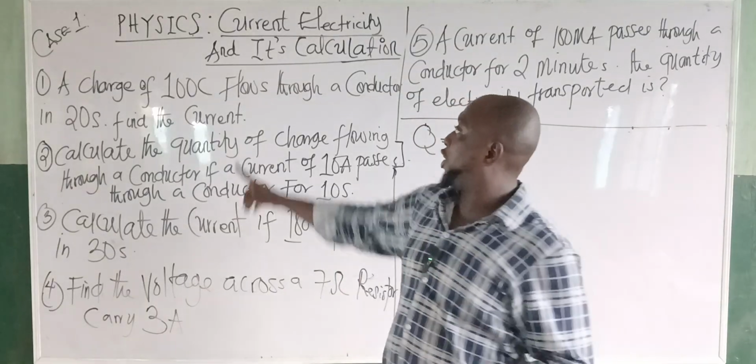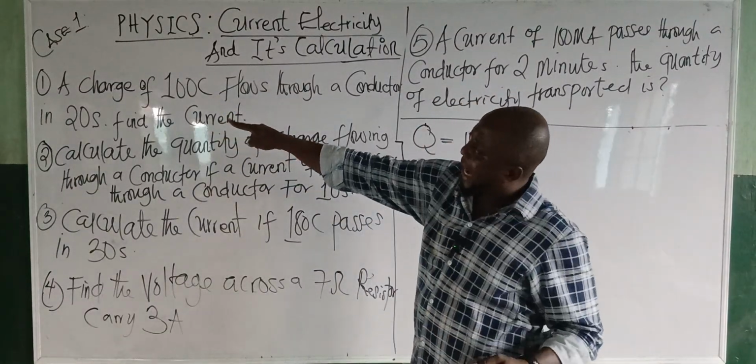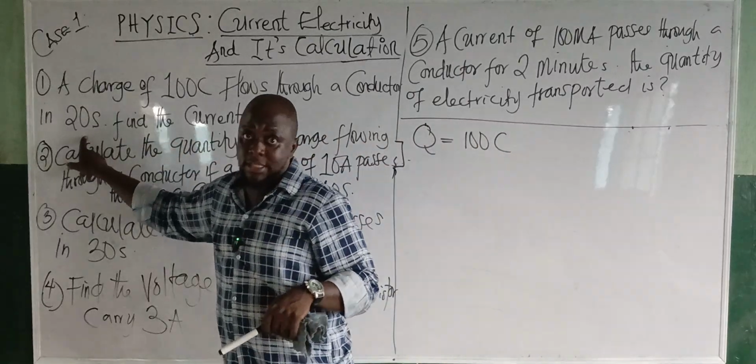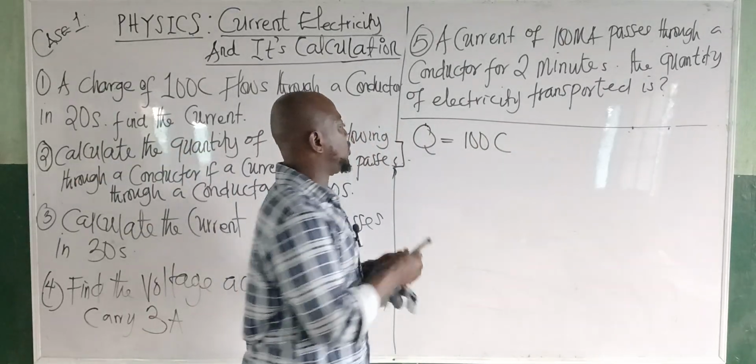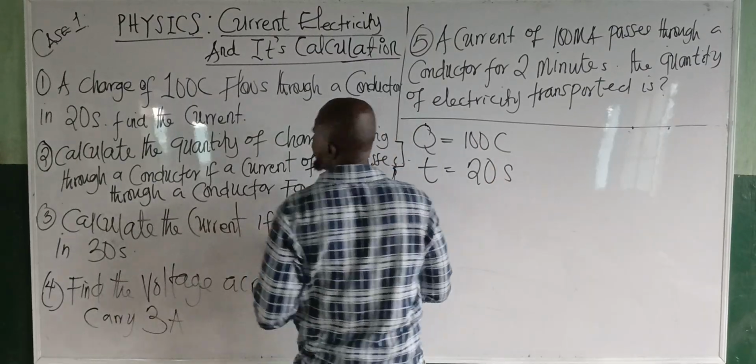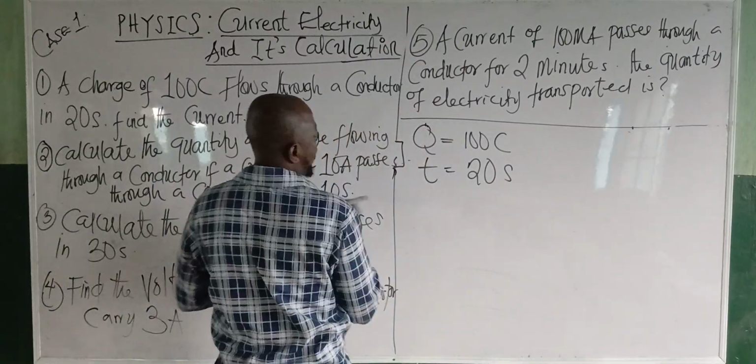A charge of 100 coulombs flows through a conductor in 20 seconds. So that is my time, measured in seconds. We are asked to find the current.